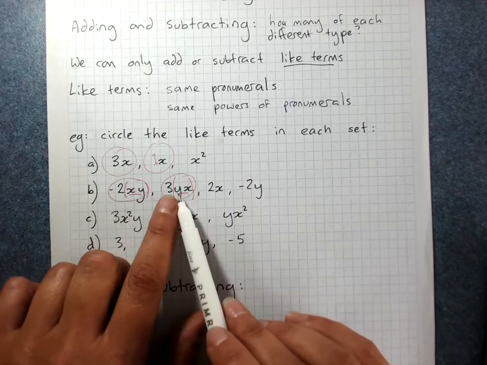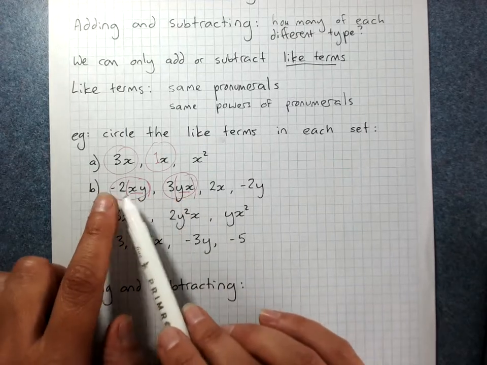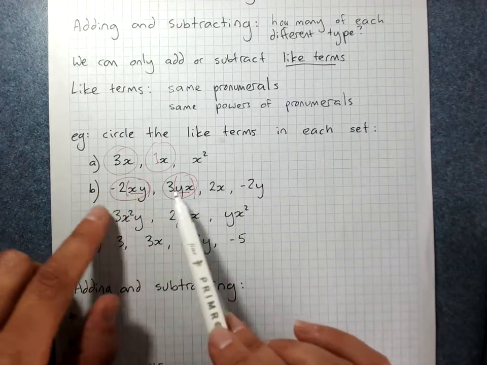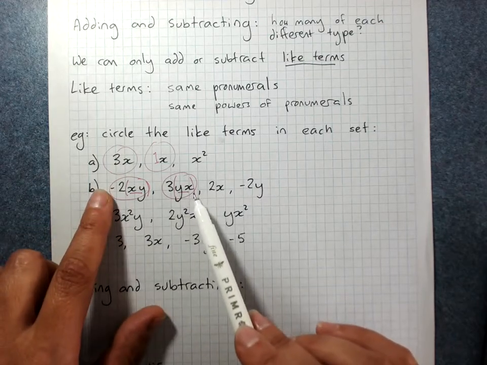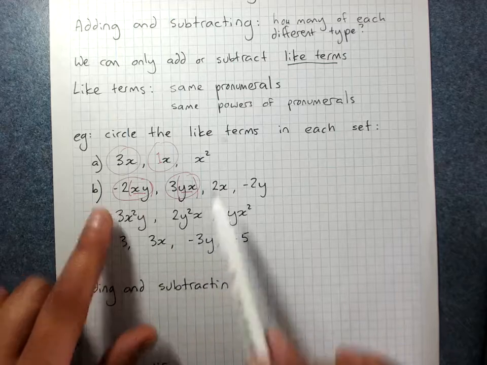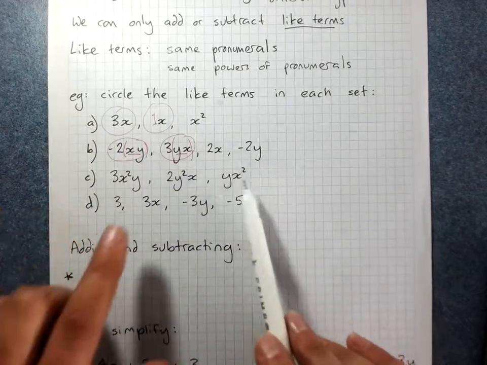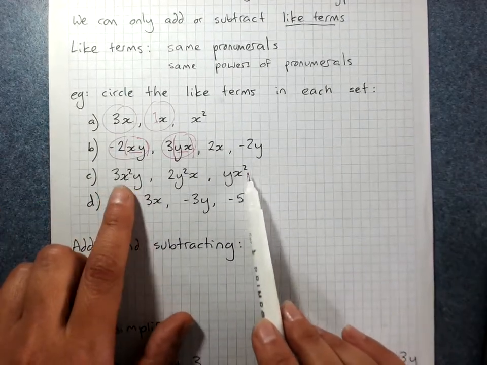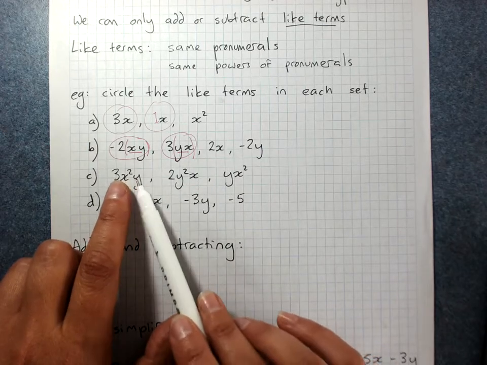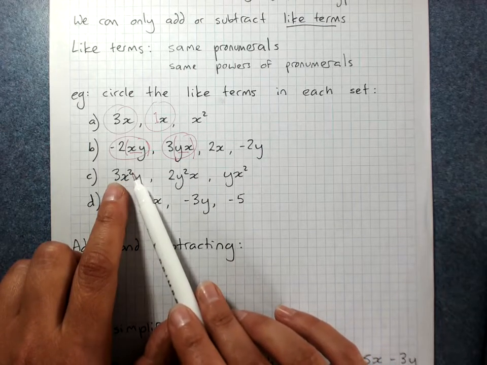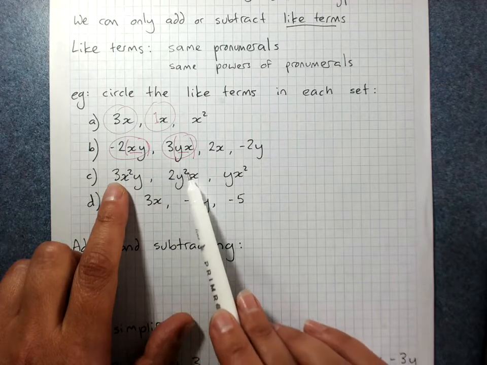Here I've got 3 lots of yx and I'm losing 2 lots of yx. If I put those together, I would be left with only 1 lot of yx. But I haven't asked us to do that yet, we're just identifying like terms. This is trying to trick us because we've got x and y in all of them, but here x has the power 2, here y has the power 2.